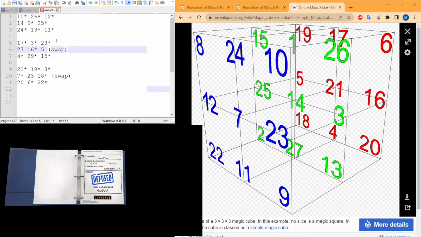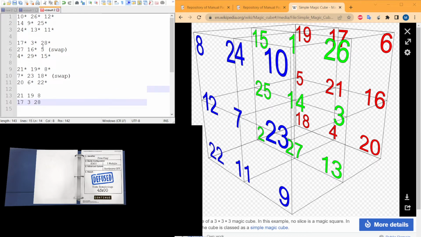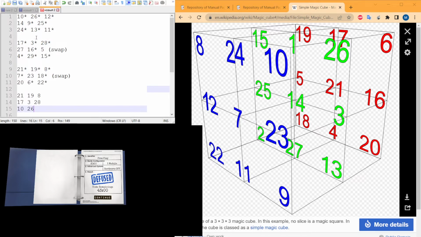You will go on once again on the top square that have these top rows, that will look like these: 21, 19, 8, 17, 3, 28, and 26, 12.